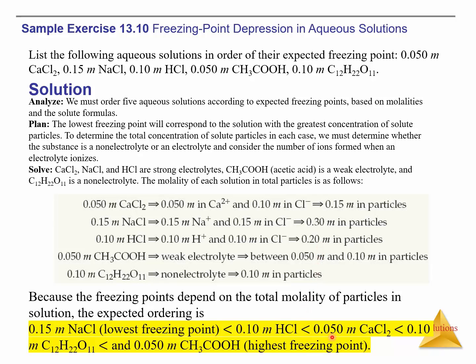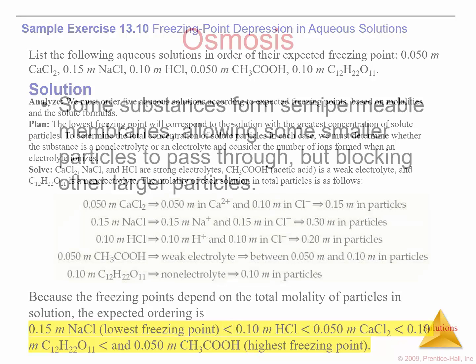Then we go to 0.05 molal CaCl2 because it is 0.15, and then you go to sucrose because it is a complete 0.1, and then finally acetic acid because it's between 0.05 and 0.1, and this has the highest freezing point. So this is your arrangement.